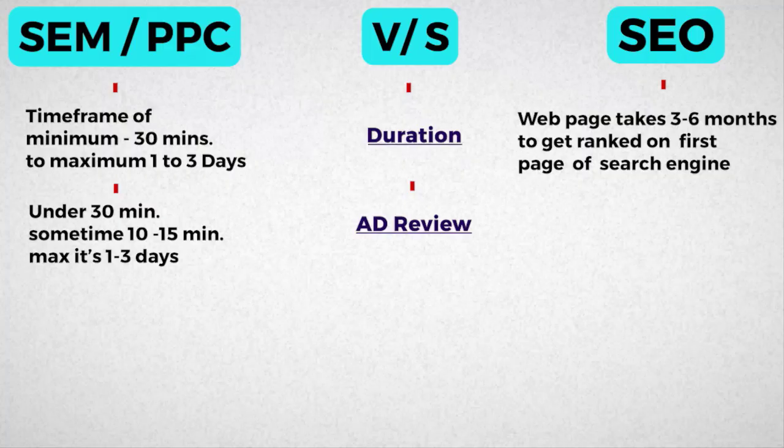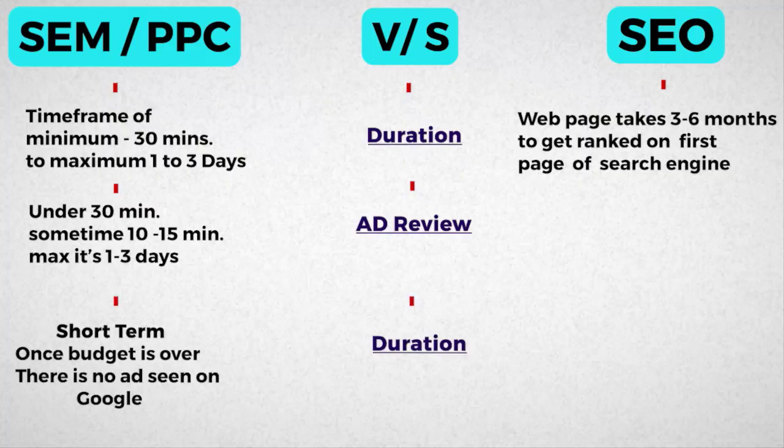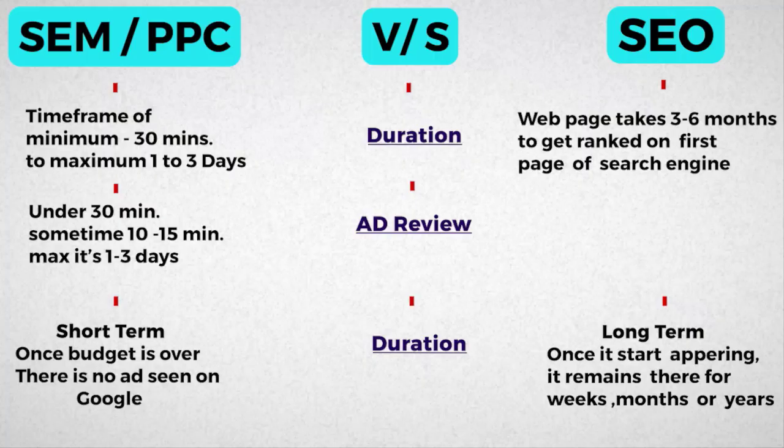On the other side, one disadvantage of SEM or pay per click is that while it is faster, it is comparatively short term, because once your budget is over, there is no ad seen, because your money is over and Google will stop showing the ad. Whereas SEO is a long term strategy because it is not dependent on money.